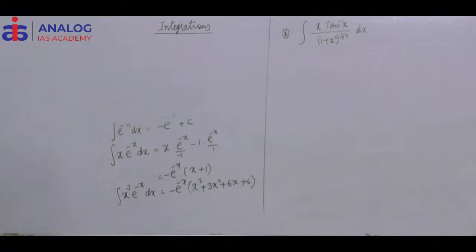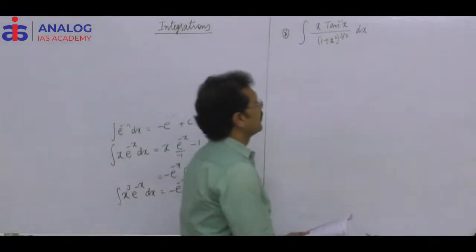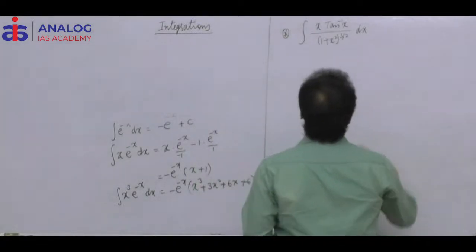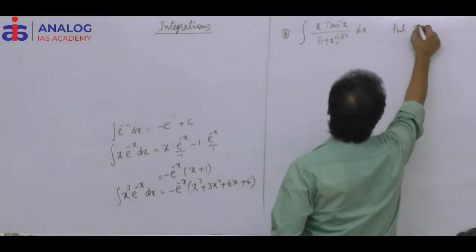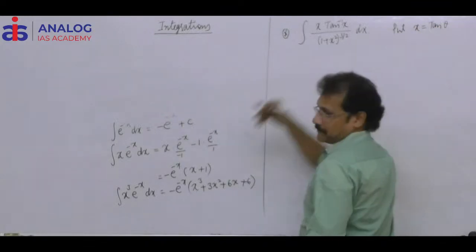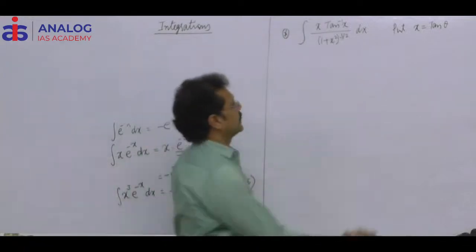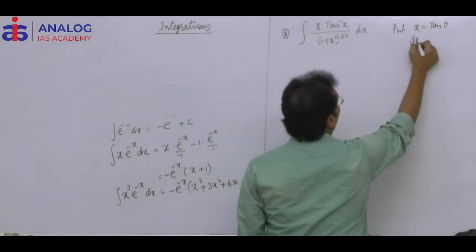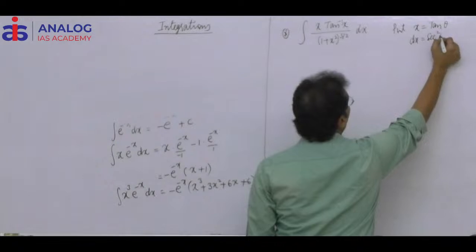What to do? Substitution. Substitution of what? Put x equal to tan theta, whatever. So dx comes out to be equal to secant square theta d theta.